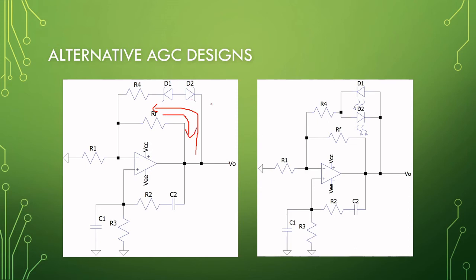So it's basically the Zener voltage plus 1 diode voltage. So that is when this circuit will trigger. And then RF will become in parallel with R4, obviously plus the parasitic resistances of these two diodes.